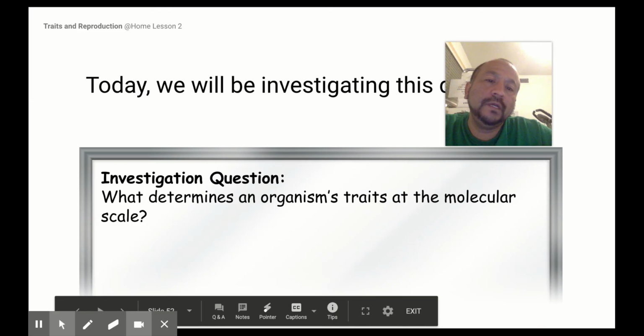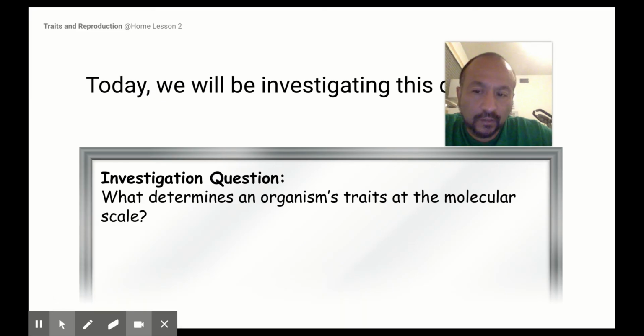So we're going to determine an organism's traits at the molecular scale. Say that correctly, Mr. Lopez. Molecular. Everyone say molecular. That's just looking at these proteins together inside of the spider, forming silk, or forming color, or forming hair.